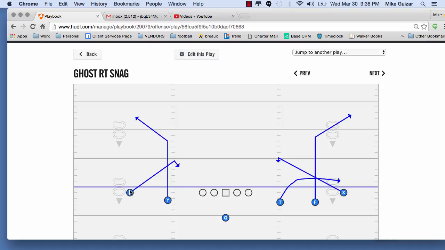So the guys on the left run a switch, the guys on the right run the snag. Or I could call ghost right snag Z drag. Everything remains the same except Z changes his route to a drag. I could tag it whatever I'd like. But the side with 3 wide receivers, T, F, and X, run their snag concept.